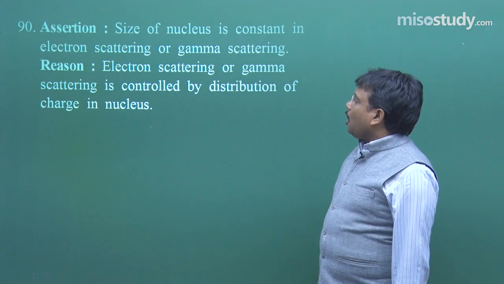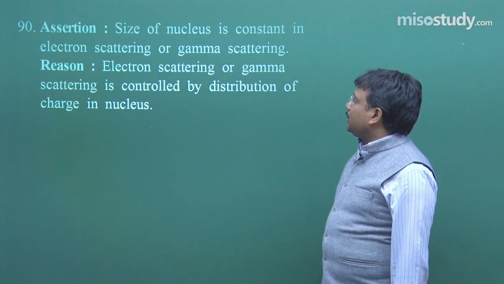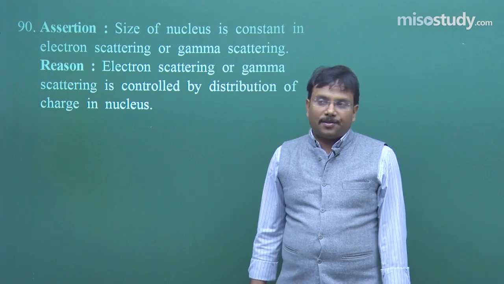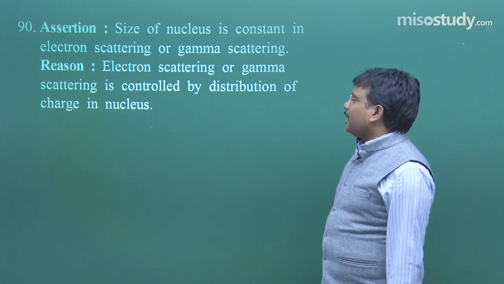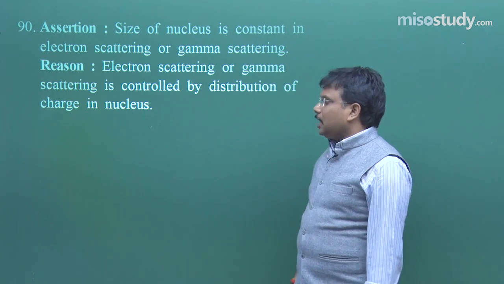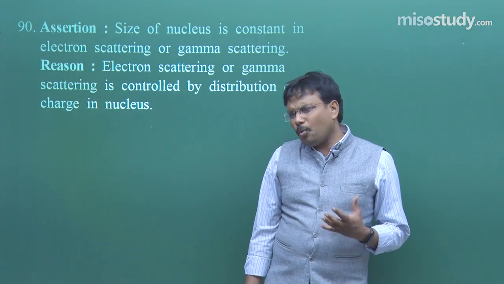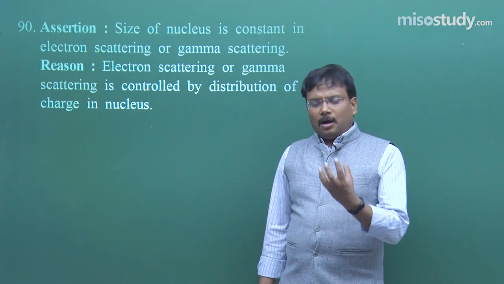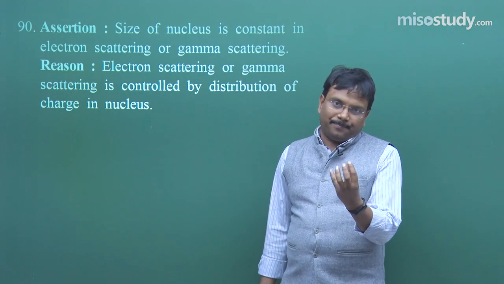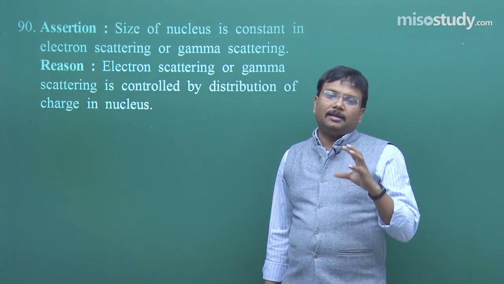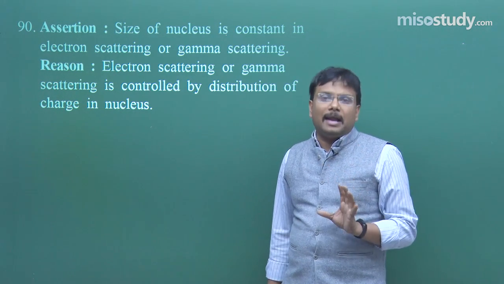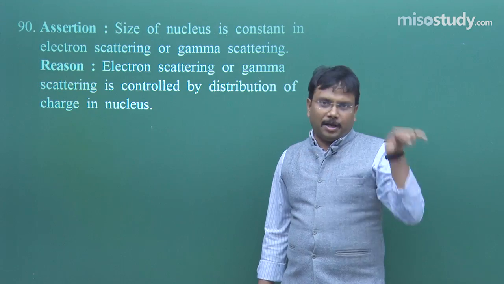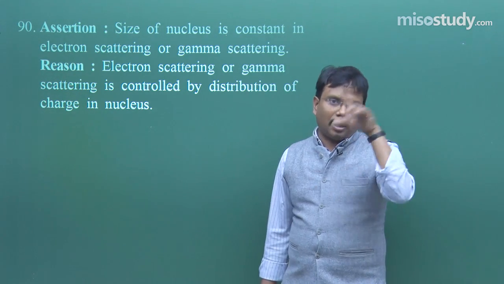Electron scattering or gamma scattering is controlled by distribution of charge in nucleus. Well, this is not so correct. Reason is, the nucleus is confined, fine, and protons and neutrons are arranged in such a manner that charge is balanced basically, and outside of the nucleons electrons are revolving in a cloud.